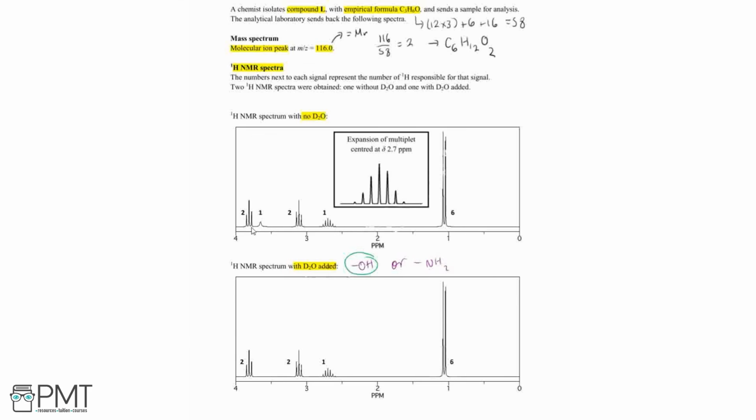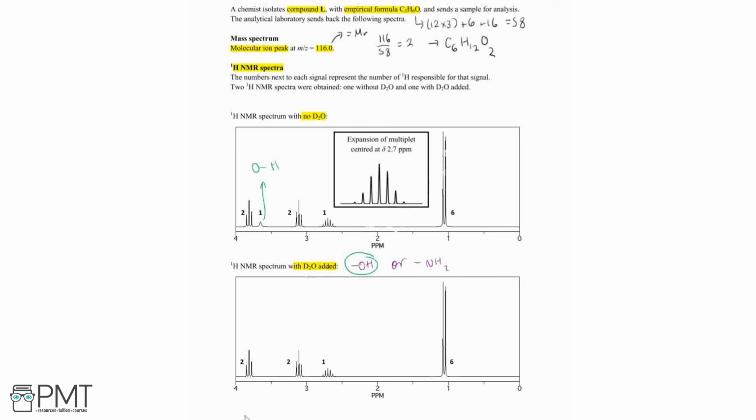So it's this little peak here that's disappeared that was originally responsible for 1 hydrogen, and it's disappeared when the D2O has been added. So this tells us that this peak here is responsible for the hydrogen bonded to an oxygen in an alcohol group there.